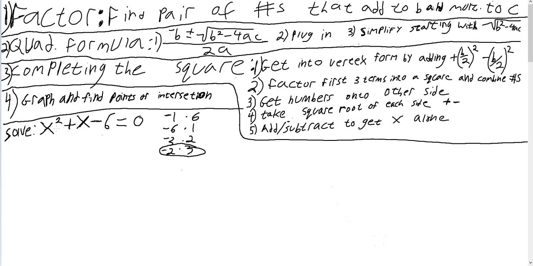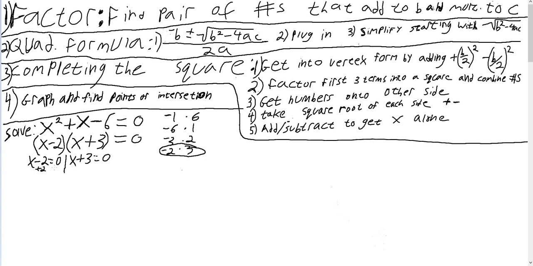That means this is going to factor to x minus 2 times x plus 3 equals 0. Now, if these multiply to 0, then either x minus 2 is going to have to equal 0, and/or x plus 3 is going to have to equal 0.